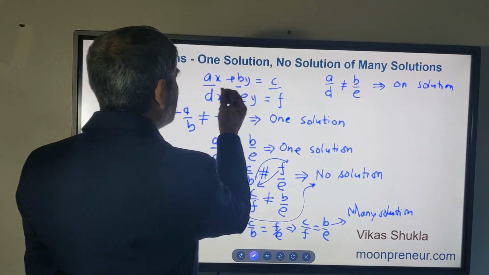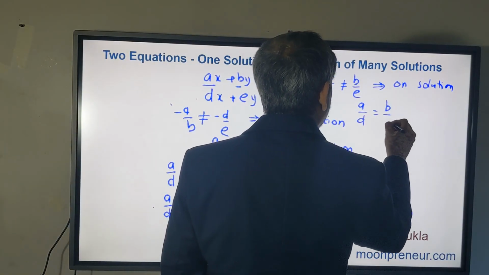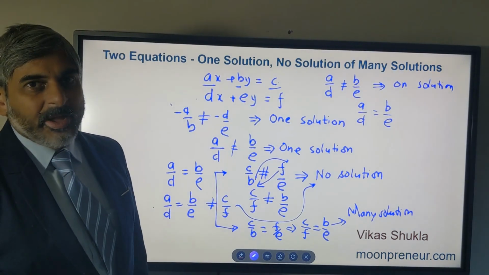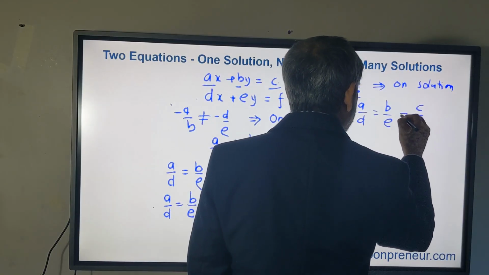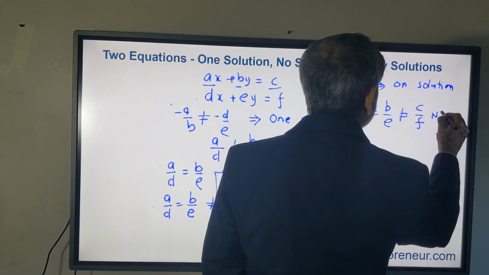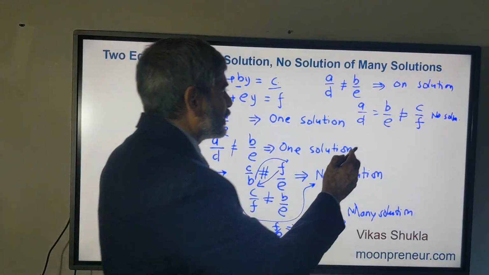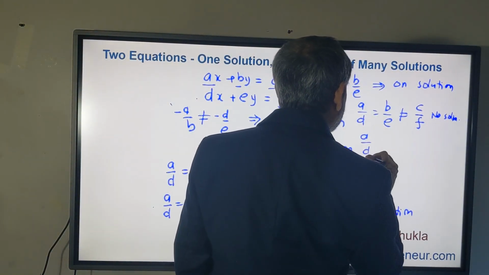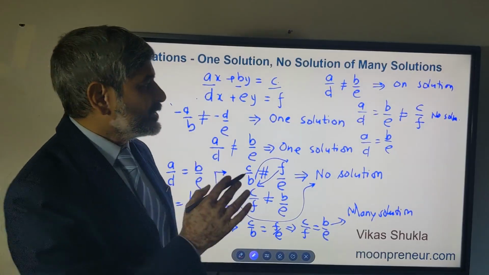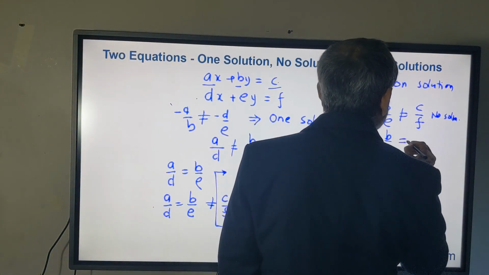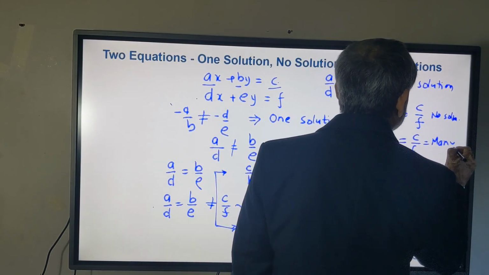But if a by d and b by e are equal, and you proceed to compare c by f, and if this is not equal, you have no solution. And finally, if a by d is equal to b by e and c by f, the lines have the same gradient and the same intercepts, which means the lines are overlapping, then we have many solutions.